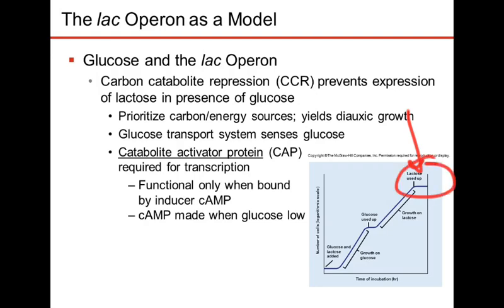You said the activator protein is bound, the repressor protein is bound. So you throw a little bit more lactose in, what's going to happen? Beautiful. Some of the lactose will be converted to allolactose, and then the allolactose will deal with the repressor and cause it to change shapes, and then it will drop off, and then transcription will happen again, and then the cell will be able to use the lactose.